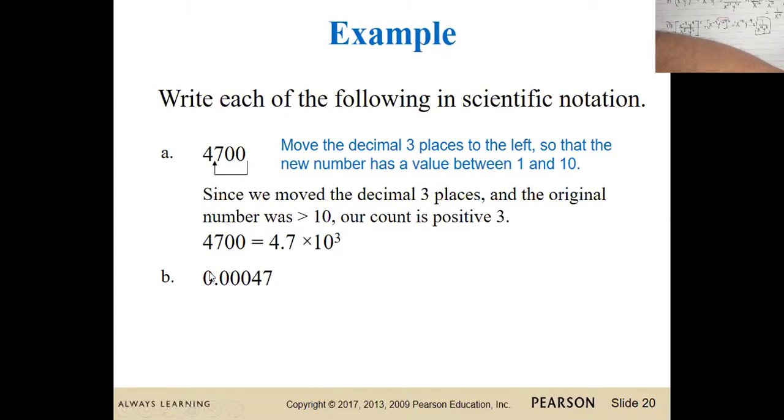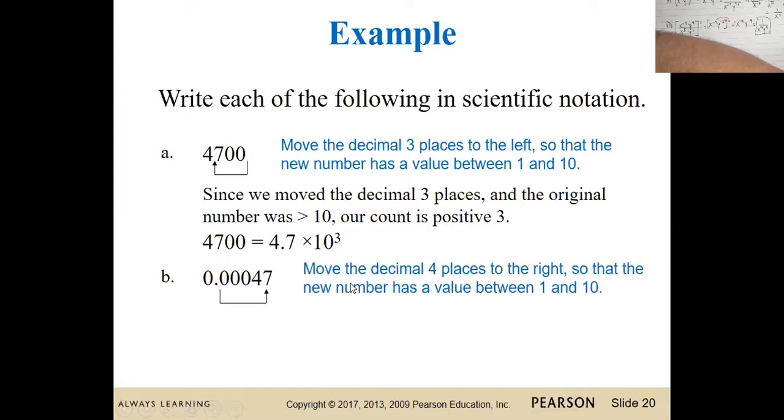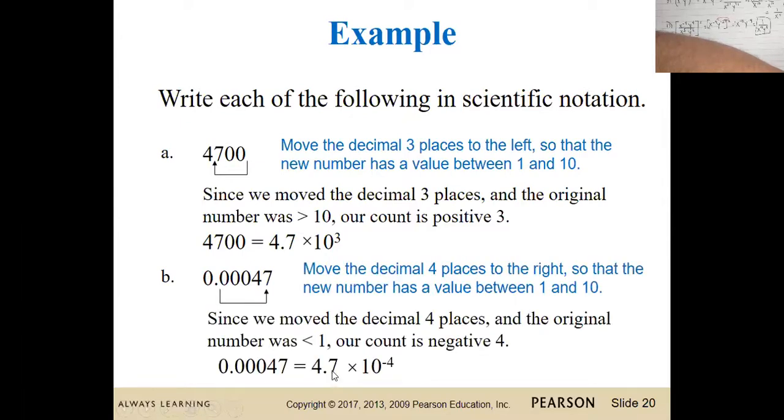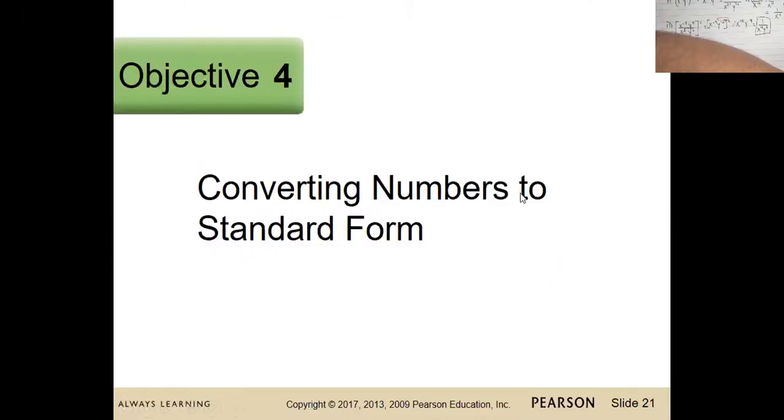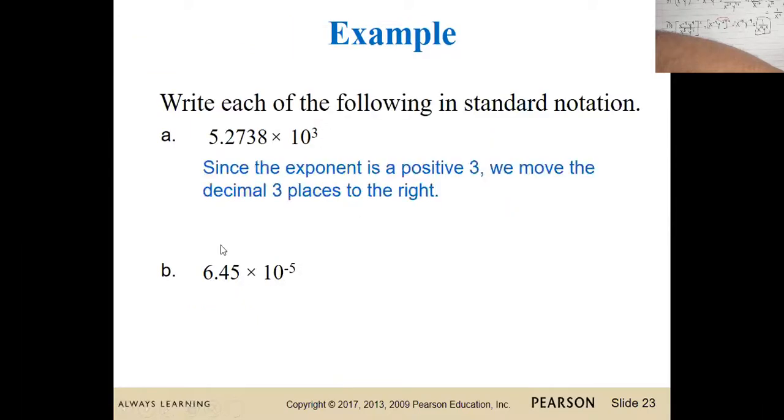It's a small decimal number, so it's going to be a negative exponent. So it's 4.7 times 10 to the negative 4. And then again, it just talks about working backwards. If you start with 10 to the third, it means we're going to make it bigger, so it's going to go this way, 3 places.